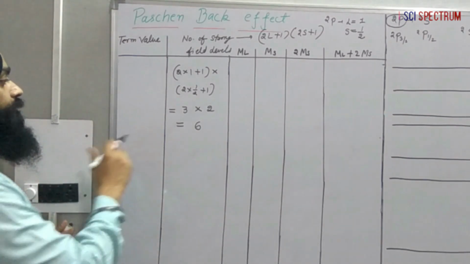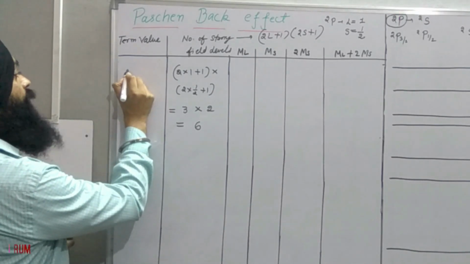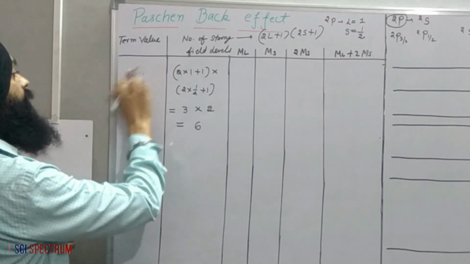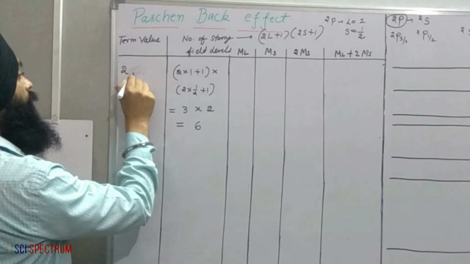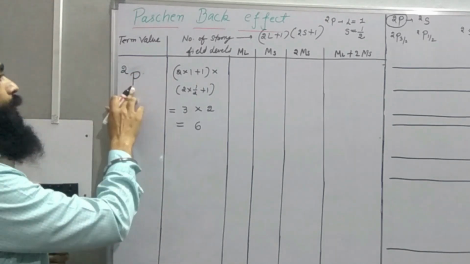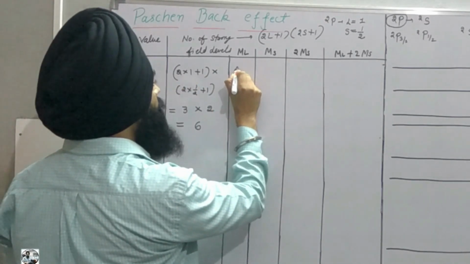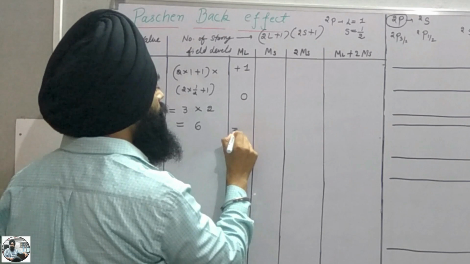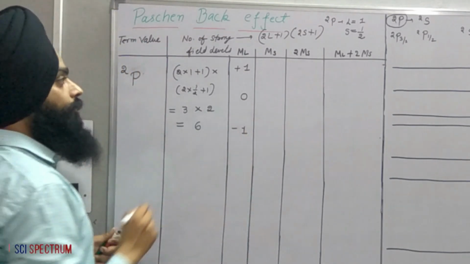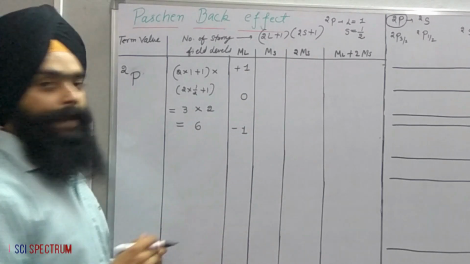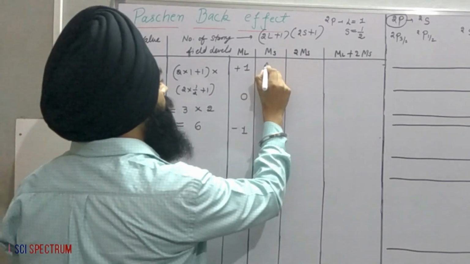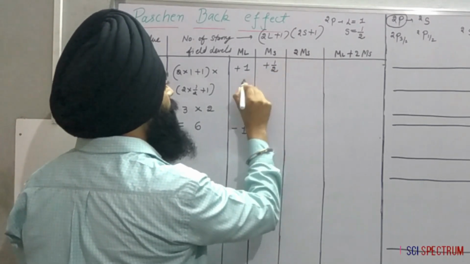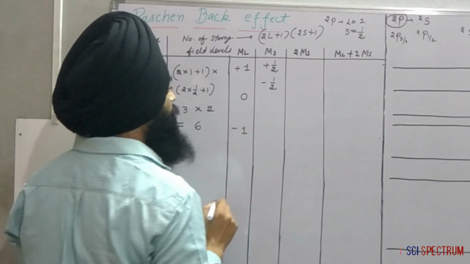So let us see. Sorry, here we have to write the term value. The term value is 2p state. For 2p state, the values of ml are plus 1, 0, minus 1. For each value of ml we have ms value half and minus half. For ml equal to plus 1 we have ms equal to plus half and minus half.